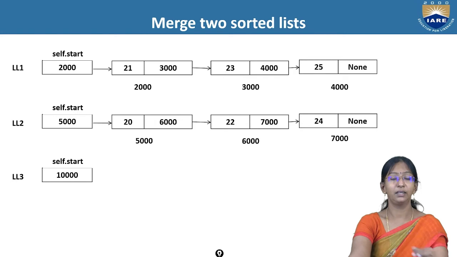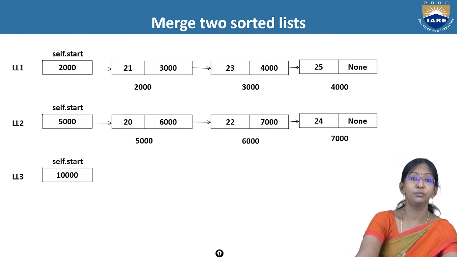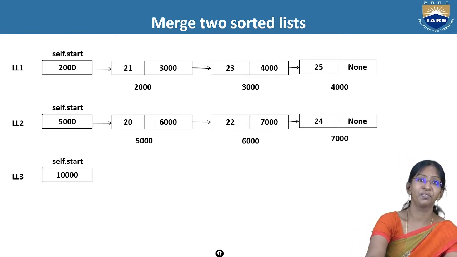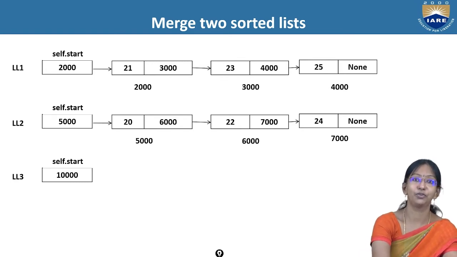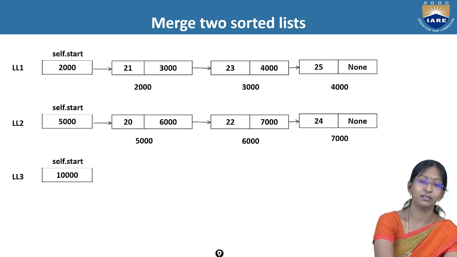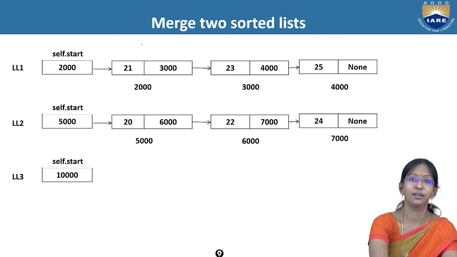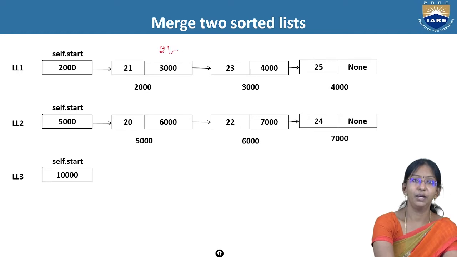Now let's look at our task, which is to merge two sorted lists. Have a look at the first list, LL1, linked list. I have taken the short form as LL. The first list is 21, 23, and 25. The second list is 20, 22, and 24.